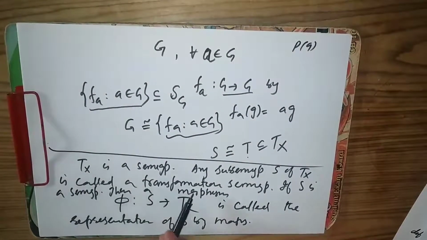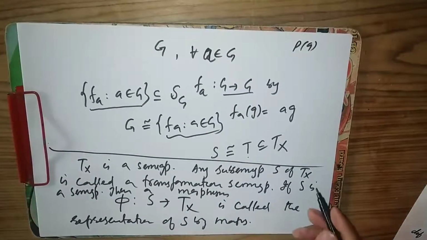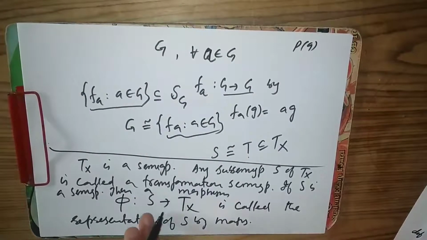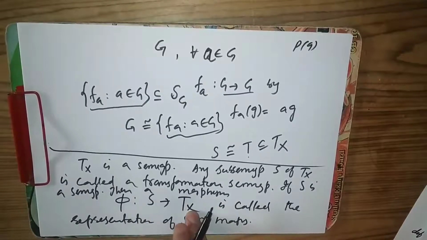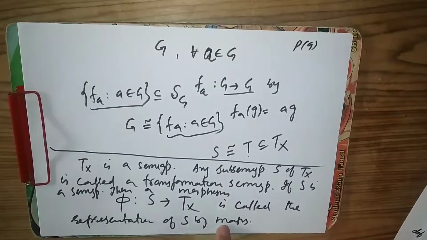So if T_X is a semigroup, then any sub-semigroup S of T_X is called a transformation semigroup. Now if S is any semigroup, not a sub-semigroup of T_X, in general any semigroup, then a morphism phi from the semigroup S to T_X, if there exists a morphism from S to the full transformation semigroup, this morphism is called the representation of S by maps, because it maps each element of S onto a certain map.